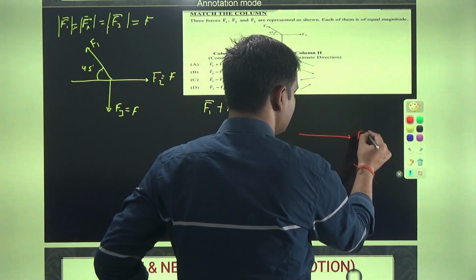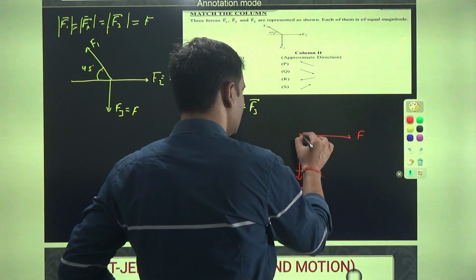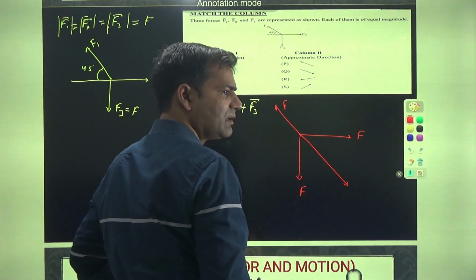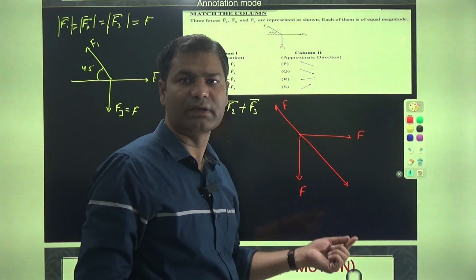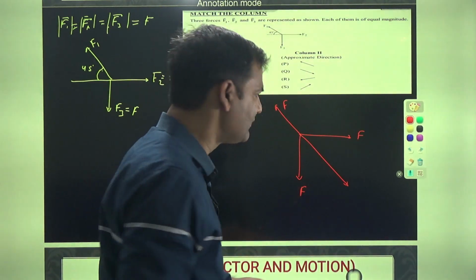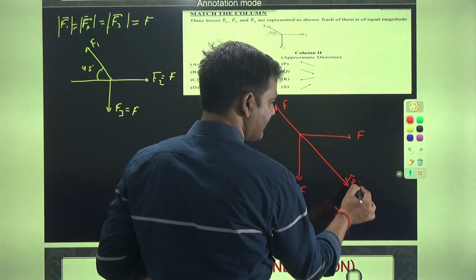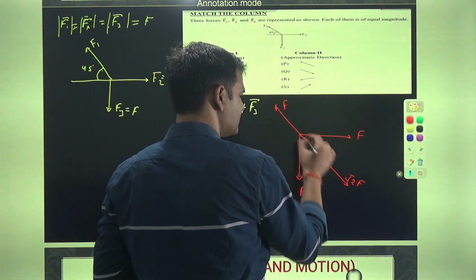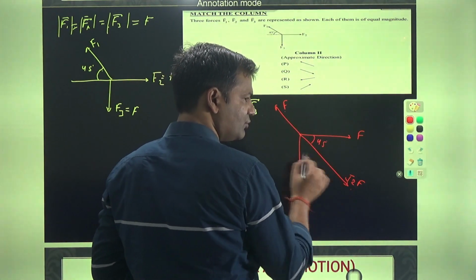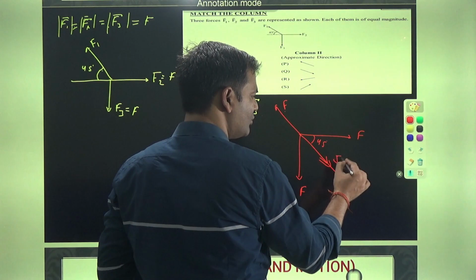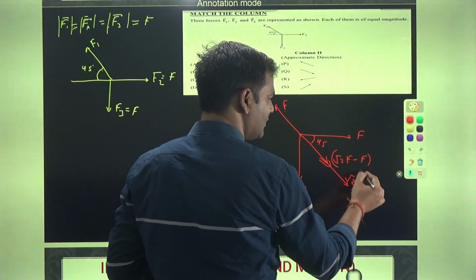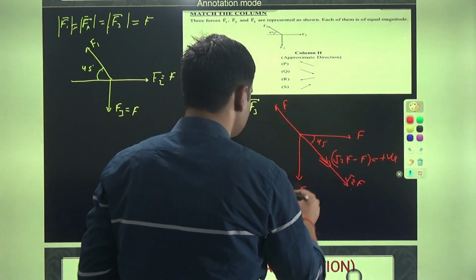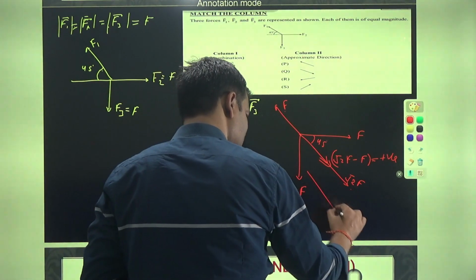If you redraw, here F and here also F. The resultant of these two is the square root of F squared plus F squared, that's root 2 F, at 45 degrees, and the other is F. So the net direction is root 2 minus F, which is positive. It means the resultant of these three goes in this direction.